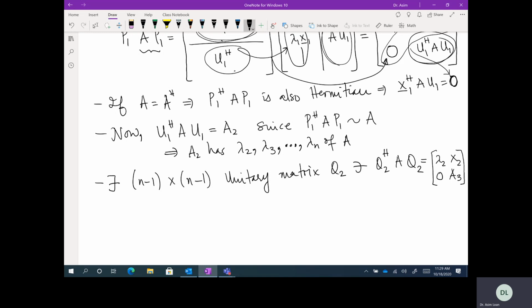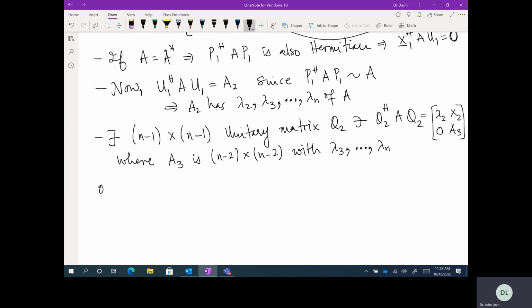Okay, where A3, using the same procedure as we did in the above derivations, is n minus 2 by n minus 2 with eigenvalues lambda 3 up to lambda n.